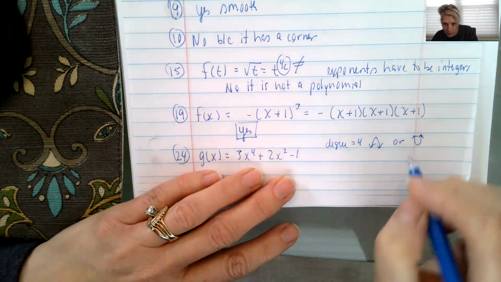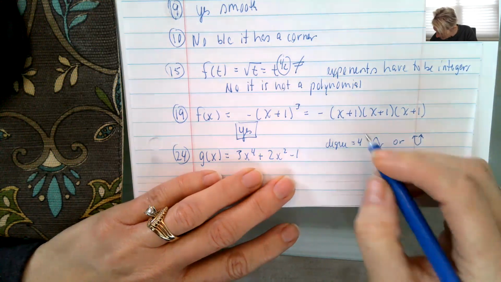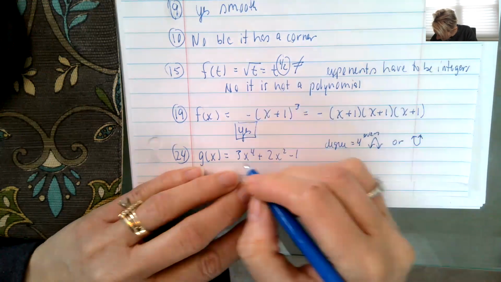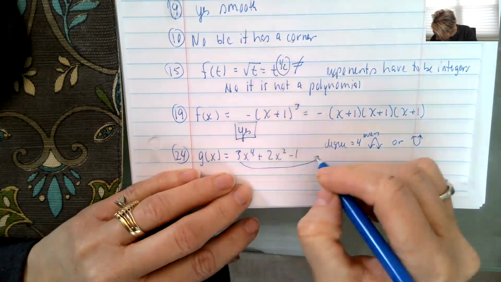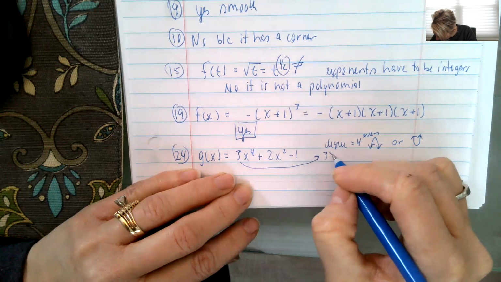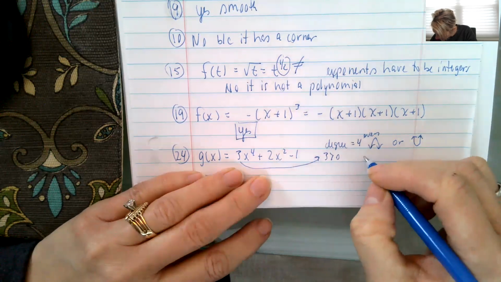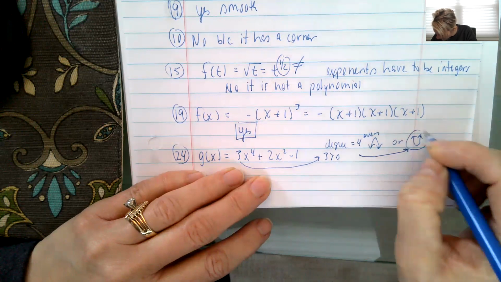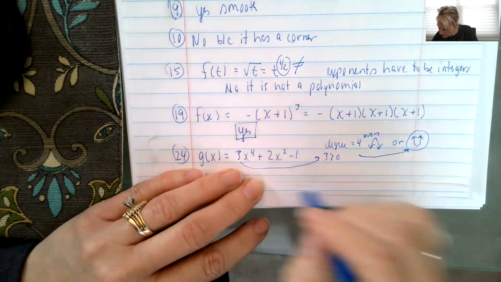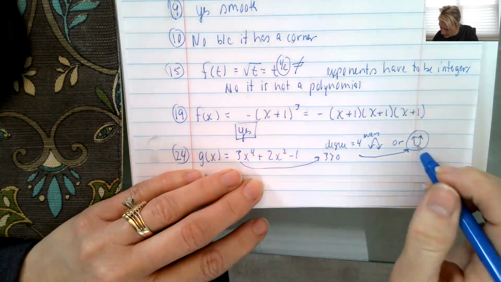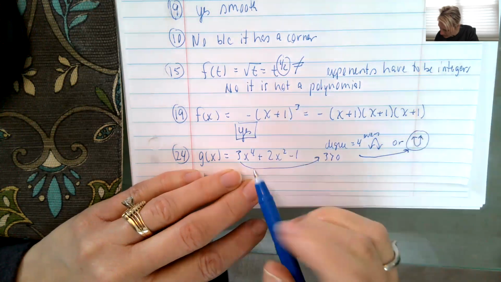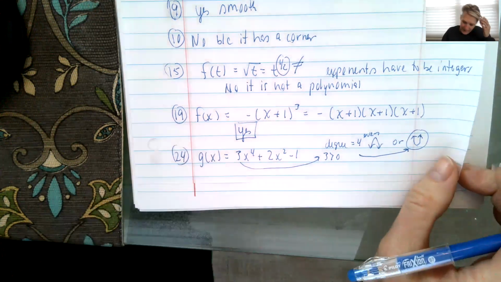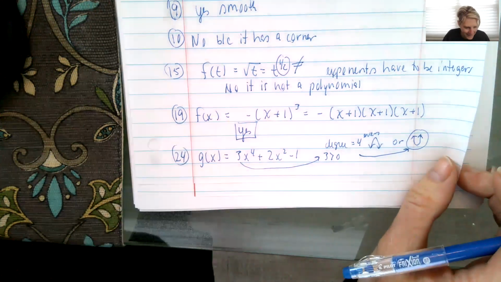They're either both down or both up because it's even. And the 3, the leading coefficient, is positive. It's greater than 0. So it's going to be this one, face up, because it's positive. So that's our end behavior. If you put this in the decimals, you will see that they both face up. Isn't that so cool that you can tell that? I think it's so awesome.